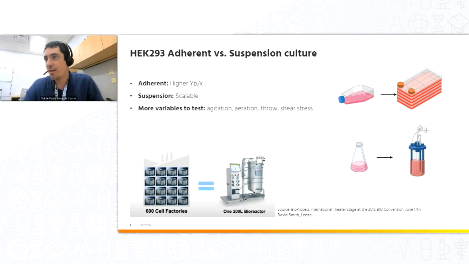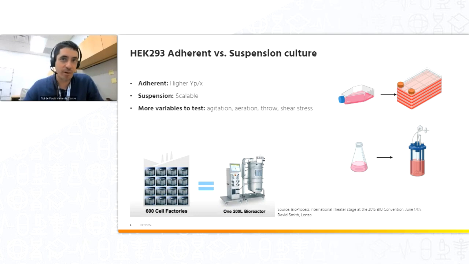In this case, 600 cell stacks units produce a similar amount of cells as a 200-liter suspension bioreactor. And then think about how many people you need working if you have to do a production using 600 cell stacks. And think about how many people you need to operate a 200 liters bioreactor. It's a big difference, right?